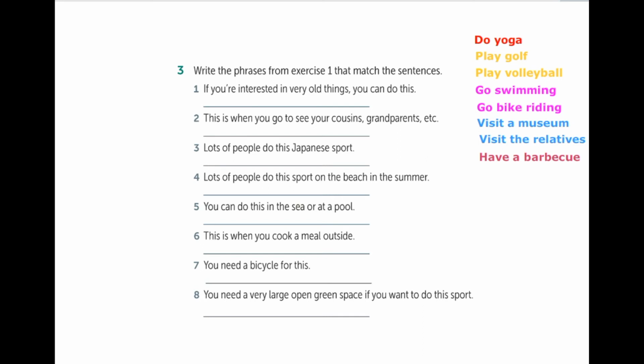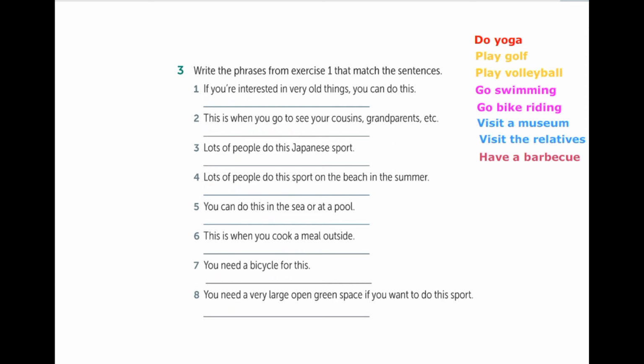Lots of people do this sport on the beach in the summer. 5. You can do this in the sea or at a pool. 6. This is when you cook a meal outside. 7. You need a bicycle for this. And number 8. You need a very large open green space if you want to do this sport.